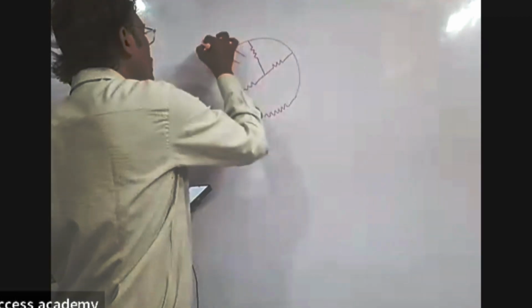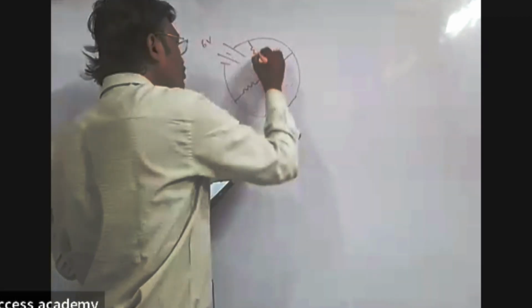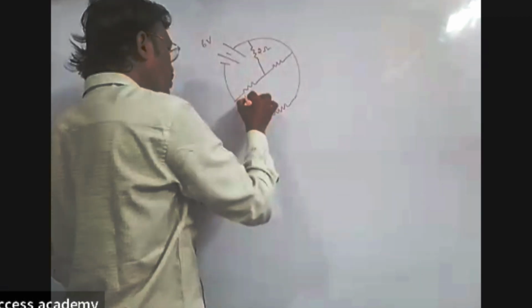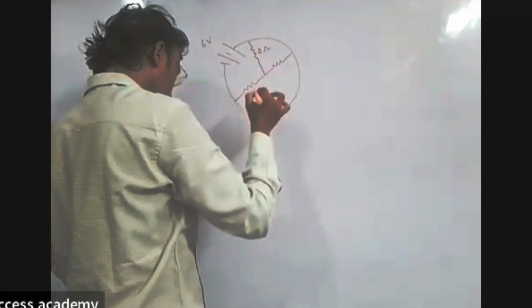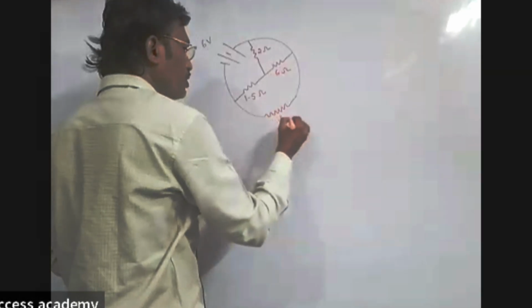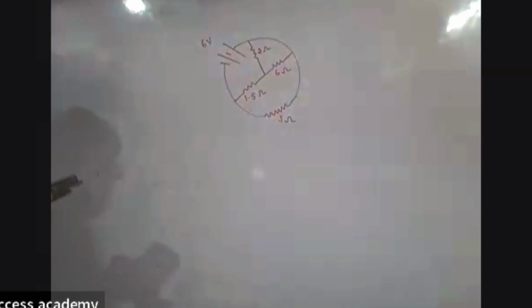This is 6 volt, 2 ohm, 1.5 ohm, 6 ohm, and 3 ohm. This is the circuit given in the problem.